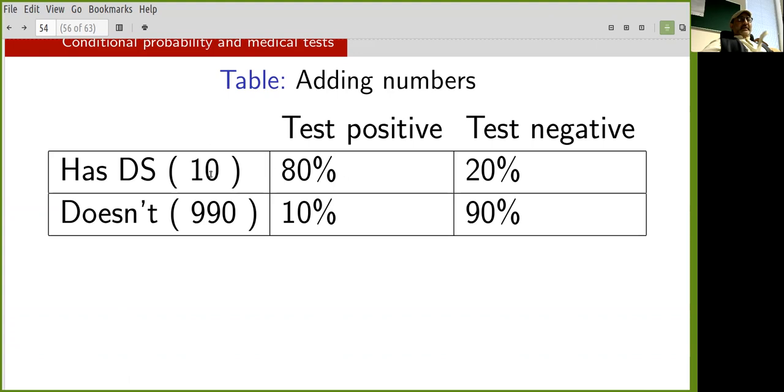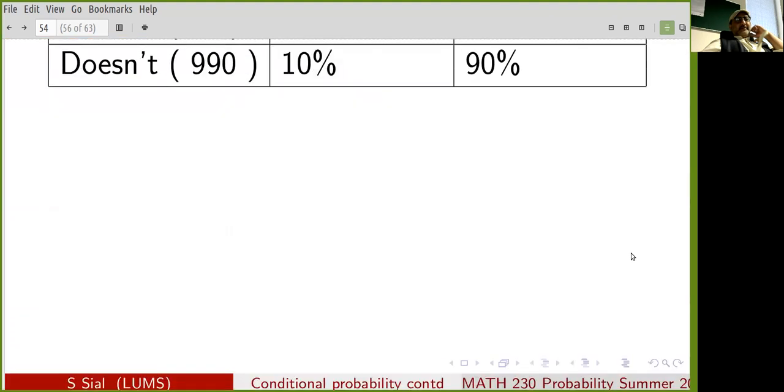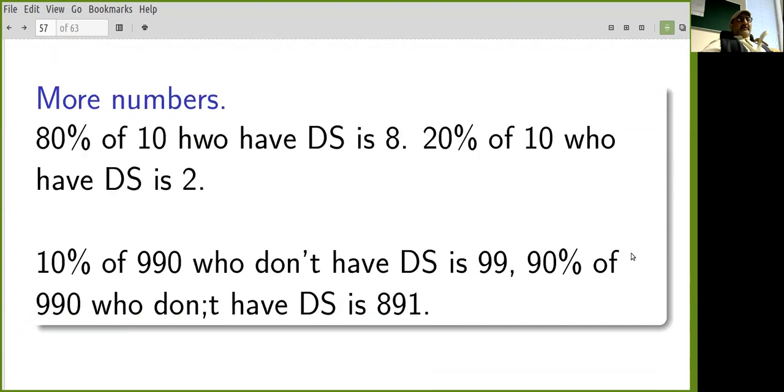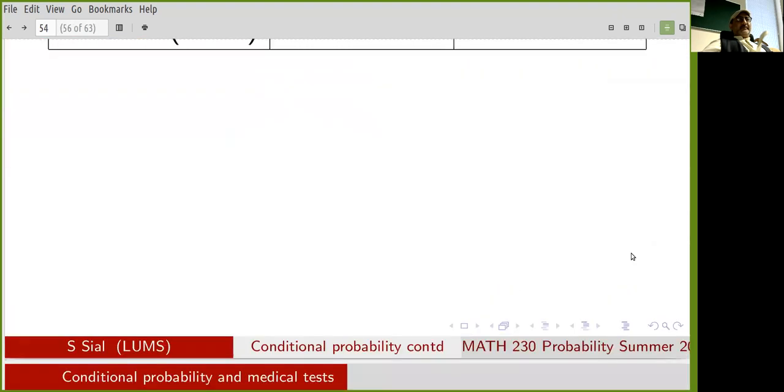And we can work out 80% of that and 20% of that, 10% of 990, 90% of 990. Okay, so 80% of the 10 who have DS is 8, 20% of the 10 who have DS is 2.